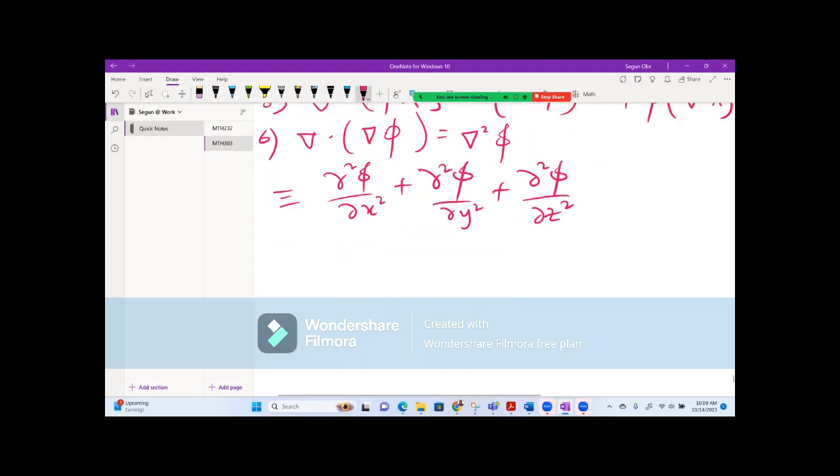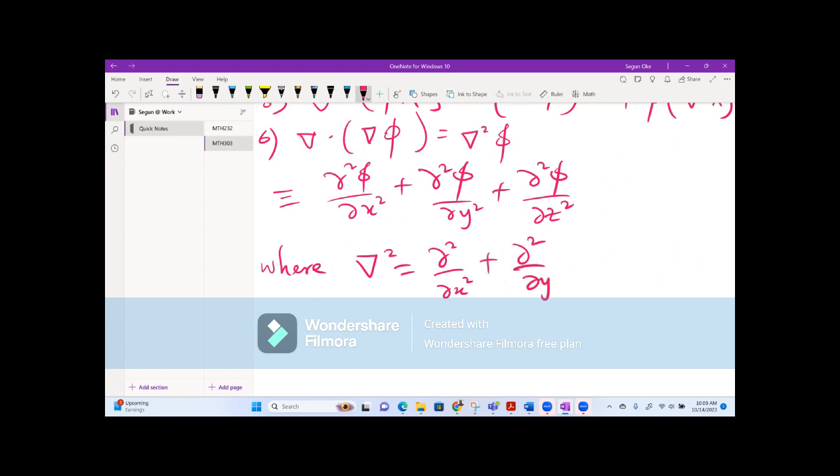Where del squared is d squared/dx squared plus d squared/dy squared plus d squared/dz squared, which is called the Laplacian operator, after Laplace. Let's take note of that.